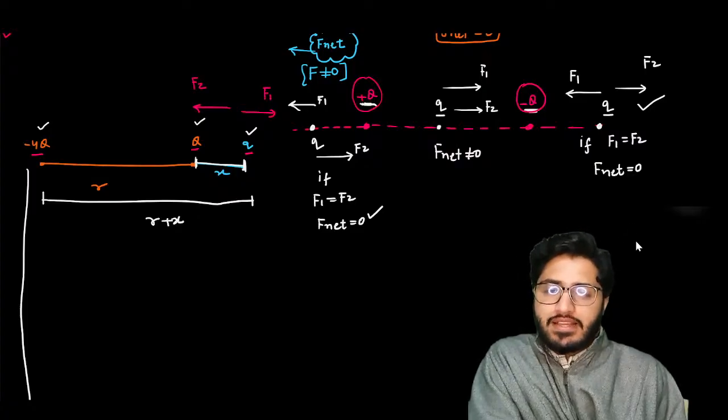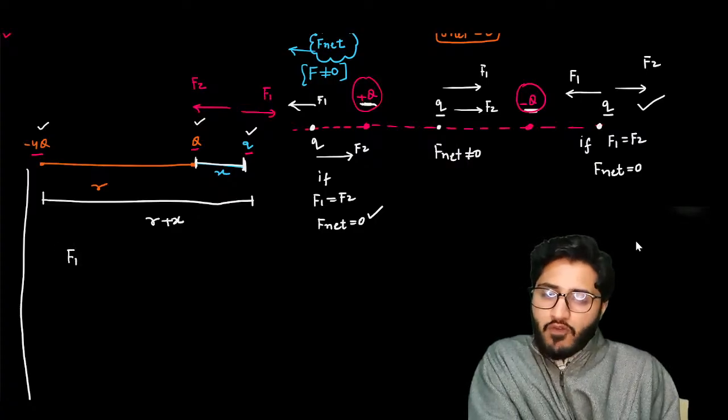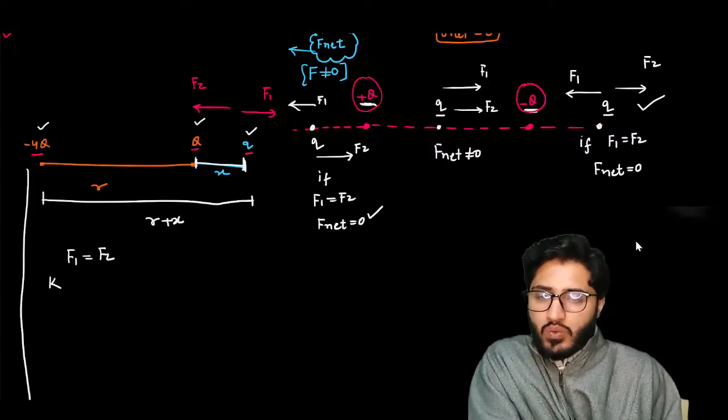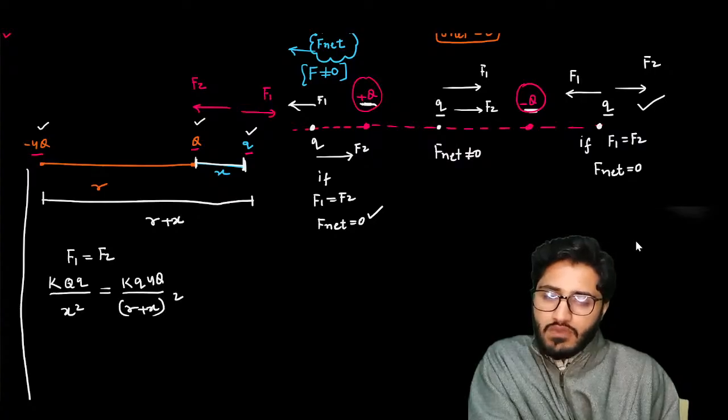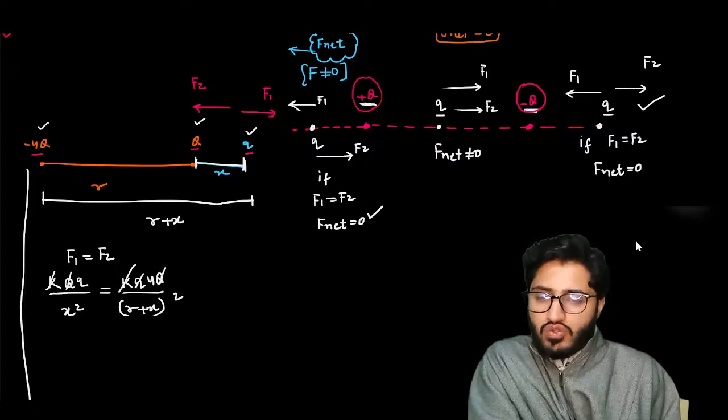If at this particular point it is equilibrium, that simply indicates my F1 should be equal to F2. F1 is K, Q1 is Q, Q2 is small q, whole divided by X square, is equal to F2, which is K, small q, then 4Q, whole divided by R plus X whole square. K cancels out, Q cancels out, small q cancels out.